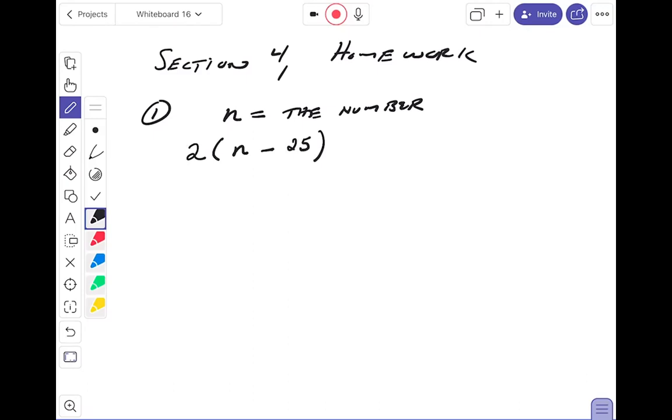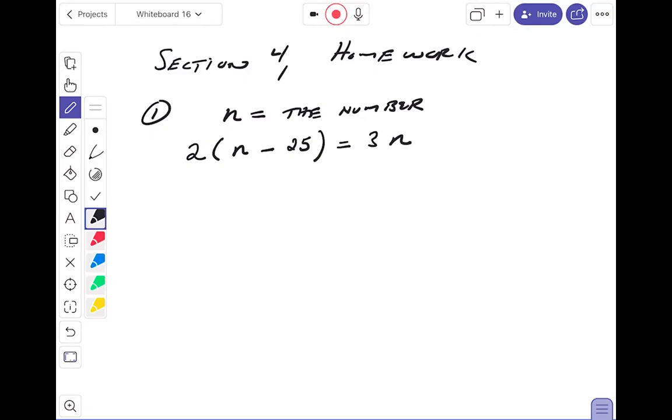All right, is 3 times the number. Is means it's equal, and it's 3 times the number. I'm going to say this is the gold standard in doing a word problem: be able to understand what you're looking for. We're looking for the number, and then write down what they said about it. And what they said about it was some kind of an equality: twice the difference between the number and 25 is the same thing as 3 times the number.